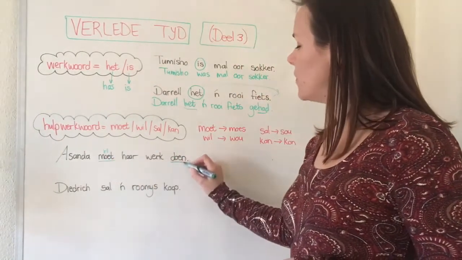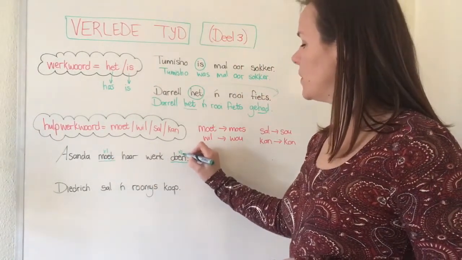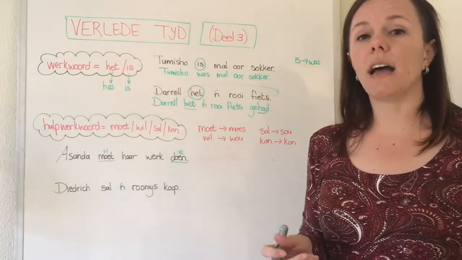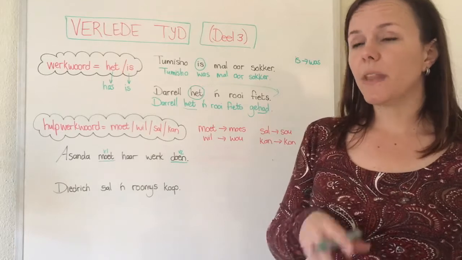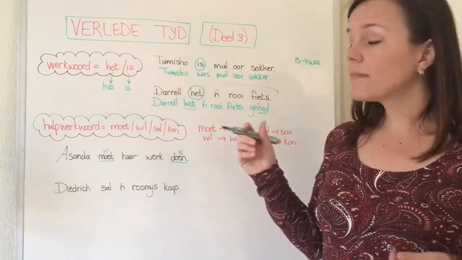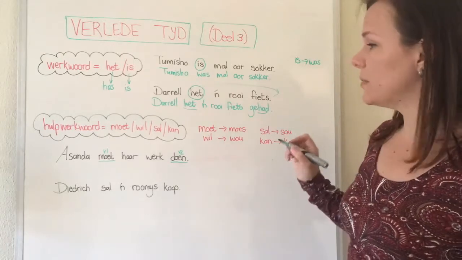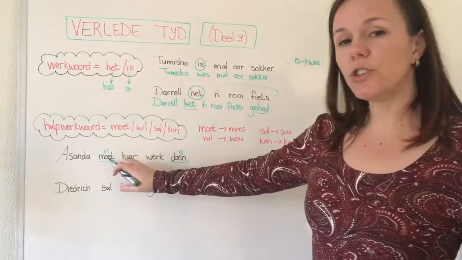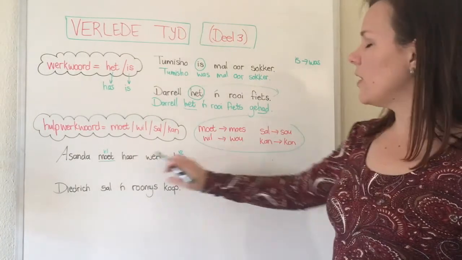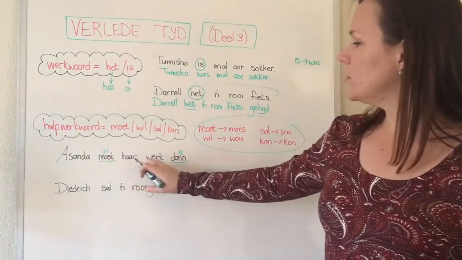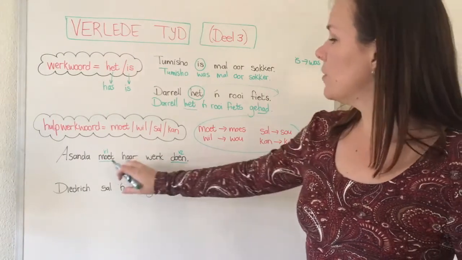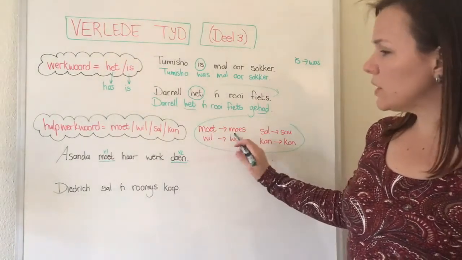The main verb is doen, verb 2. Now my normal rule for past tense is I add het, I move my verb to the end, and I add ge. But this is going to be a little bit different. First, I'm going to change my auxiliary verb in this way. Asanda must do her work. So moet over here becomes moes.